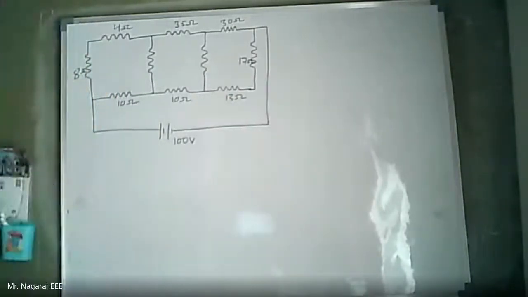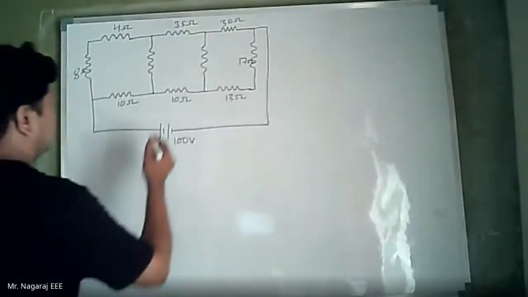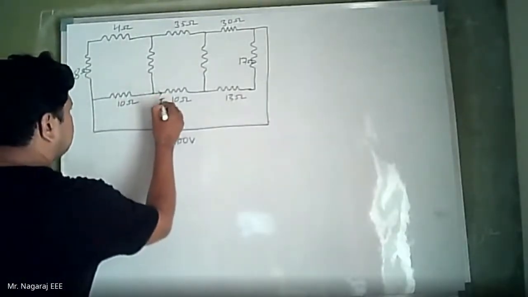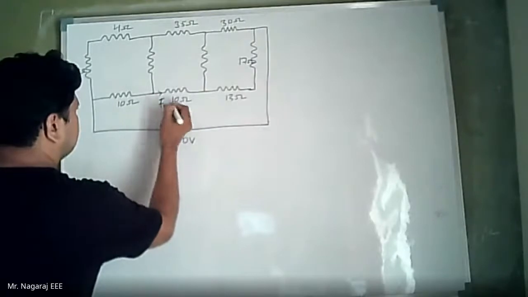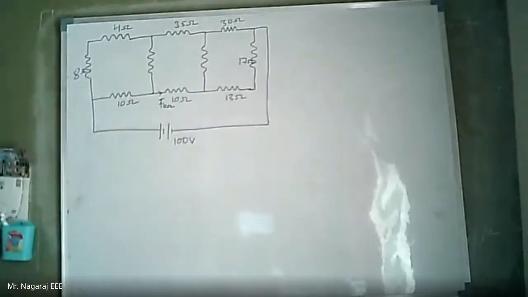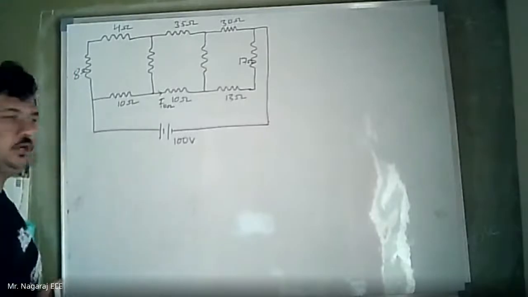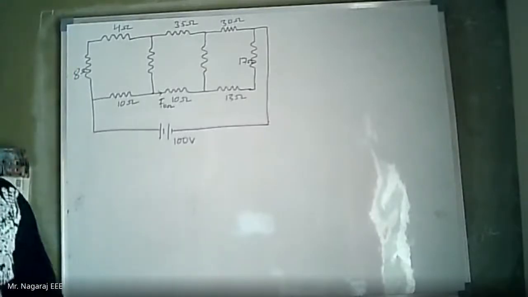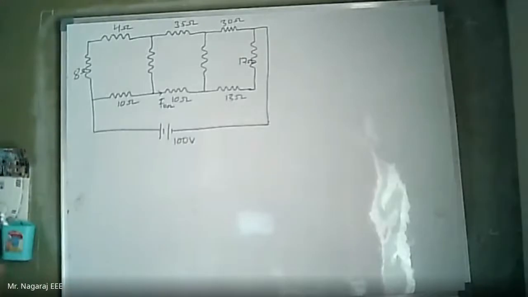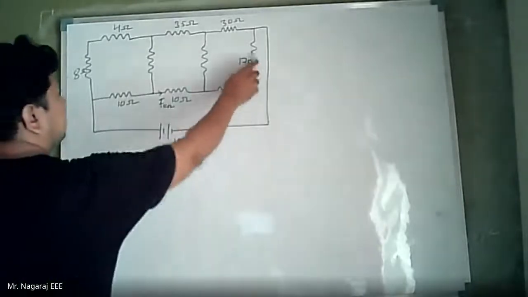So I need to find out what is the current through this 10 ohm resistor. This is I10 ohms. To get this, I have to transform the entire circuit into an equivalent circuit using star delta transformation. Here we can observe 8 ohm and 4 ohm are in series, 13 ohm and 17 ohm are in series.